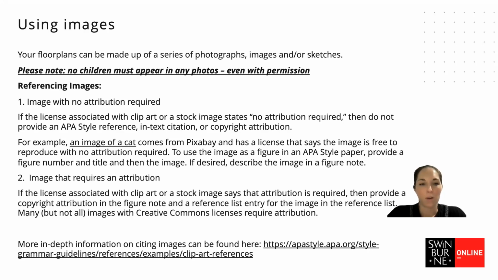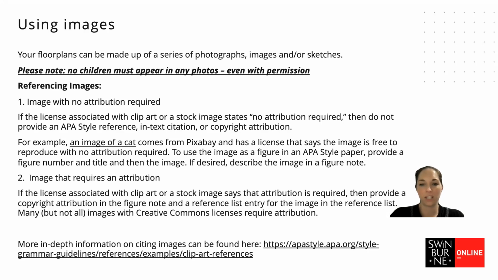Now, with APA 7, there's 2 different ways to reference your images. So this point here, number 1, it depends on whether your image is a clip art or a stock image. And if it states no attribution required, then you don't need to provide an APA style reference.